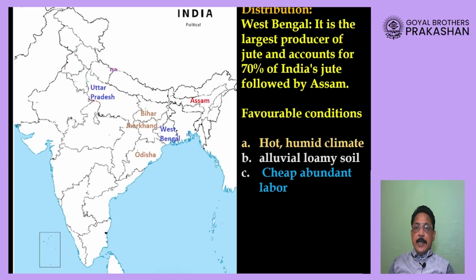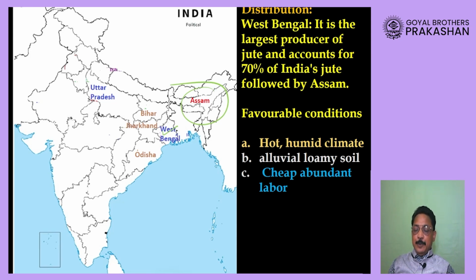Now let us look at major producers. In our country, the largest producer is West Bengal. Second largest producer, dear students, is Assam. Then you can also grow jute in Orissa, Jharkhand, Bihar, Tripura also, and in some parts of Uttar Pradesh also.